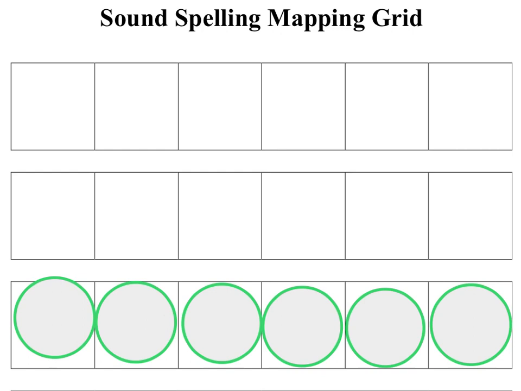Fe-male, female. So F, E, M, A, L. Remember that E goes with that A to make that long vowel right there. Here's cursive. Female. She is female.